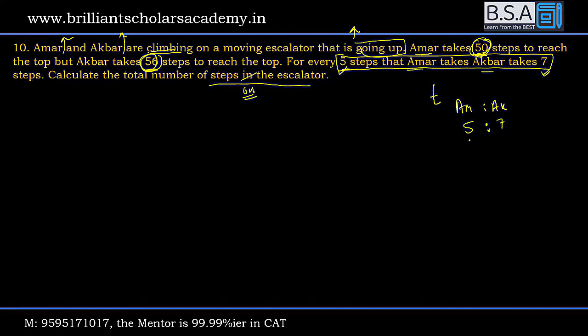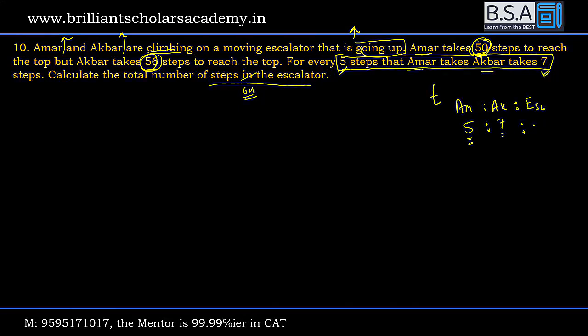Now, because I already have a step ratio here, a comparison of Amar and Akbar, why can't I have the escalator also in the same ratio? I am imagining when Amar takes 5 steps, Akbar will take 7.